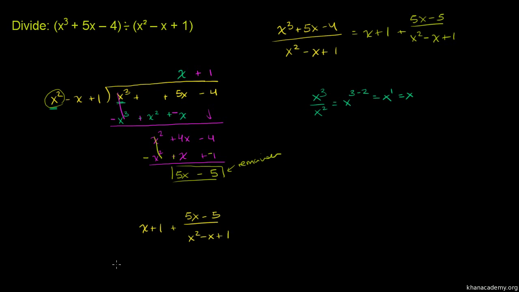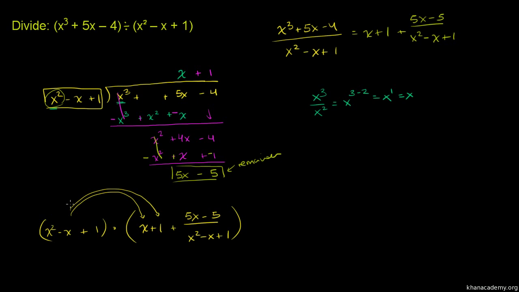And we can check that this works. If we take this thing over here and we multiply it by this thing over here, we should get the x to the third plus 5x minus 4. So let's do that. Let's multiply it by x squared minus x plus 1. And to do that, let's just distribute this whole trinomial times each of these terms.